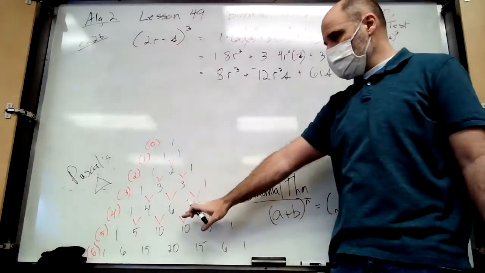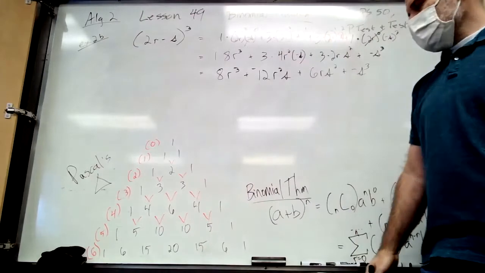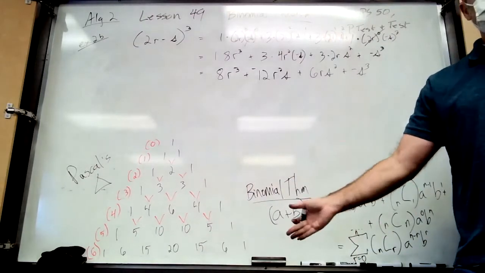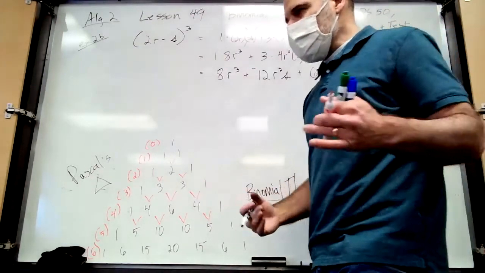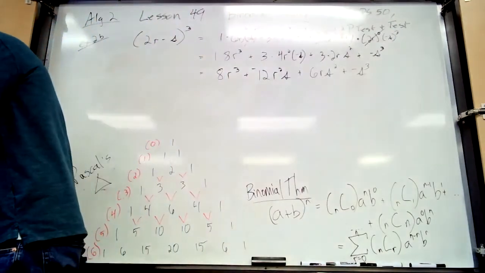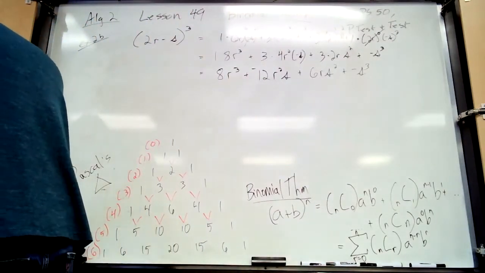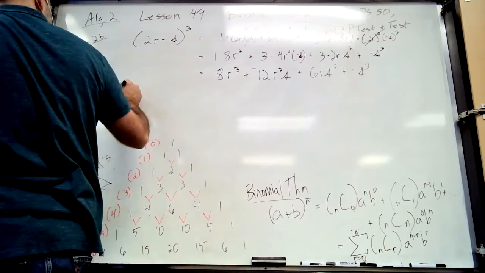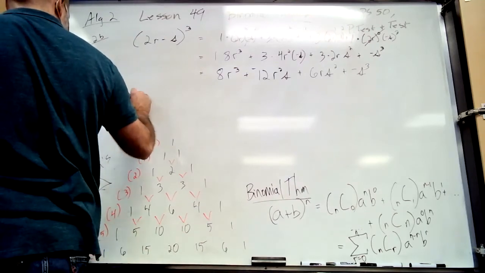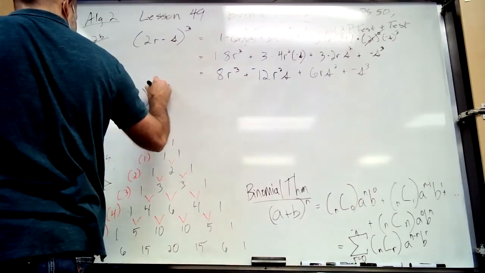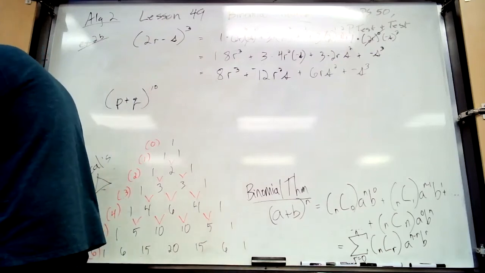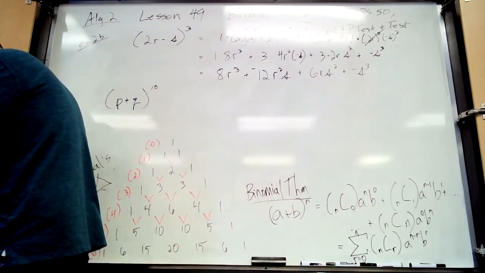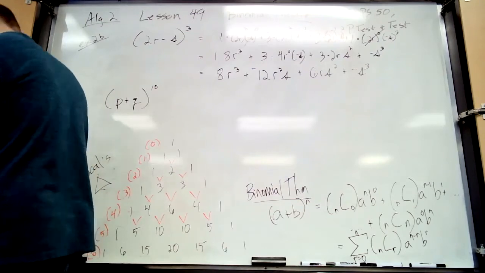But once you get down to 4 or 5 or 6, this definitely becomes worth it to use the Pascal's triangle. But what if I want to know a specific term? Okay, so what if I wanted to know, for example, p plus q to the 10th, and I wanted to find the 5th term.